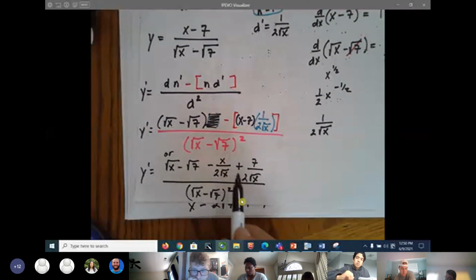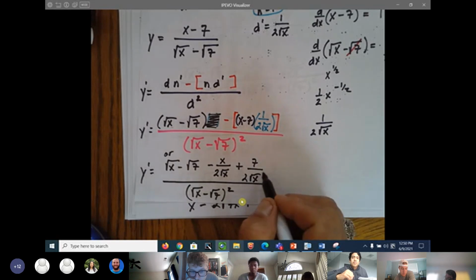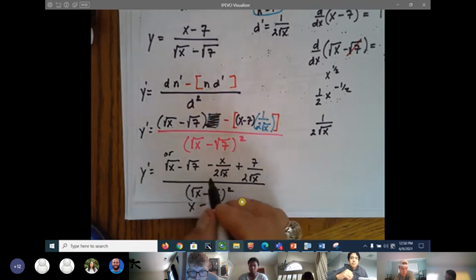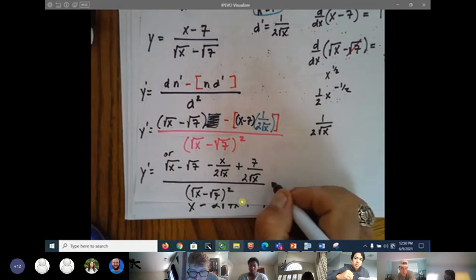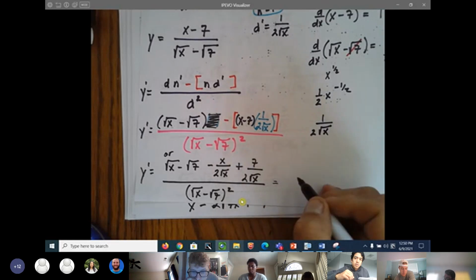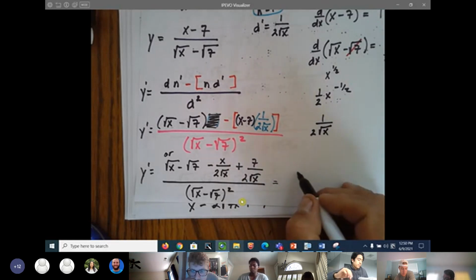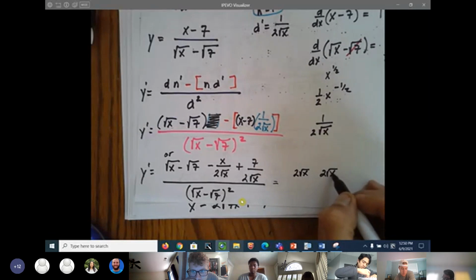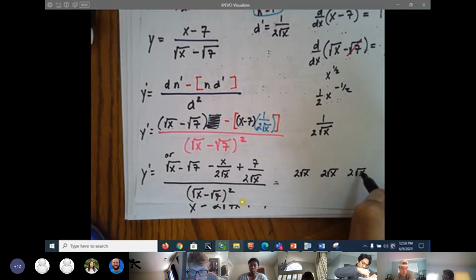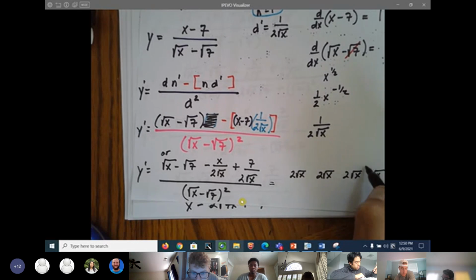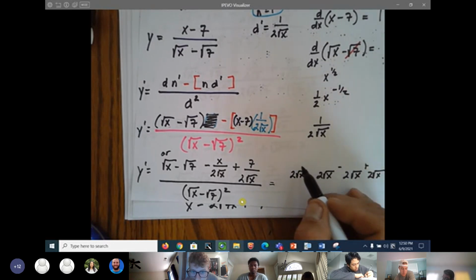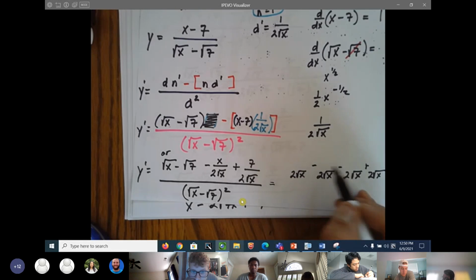I'm not seeing it. I'm thinking they got 2 square root of x right here. Hold on a second. I'm going to go out here and get a common denominator of 2 square root of x, 2 square root of x, 2 square root of x, 2 square root of x. That's a plus, that's a minus, that's a minus, and a plus.